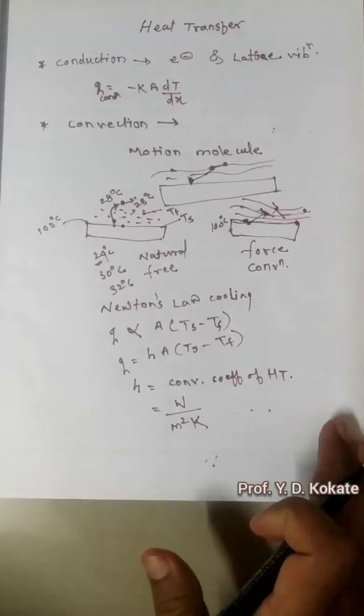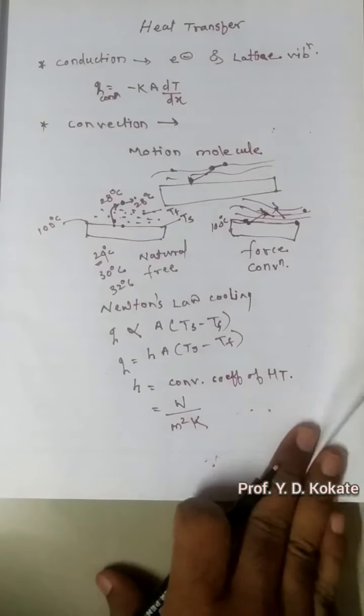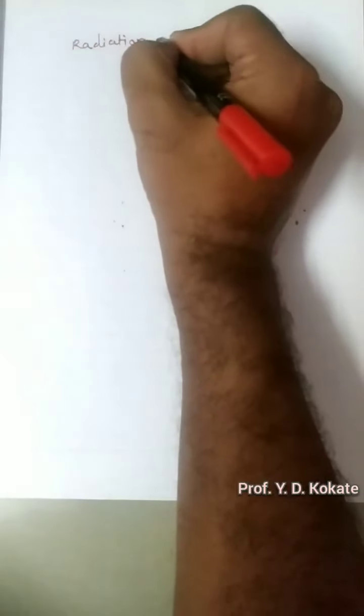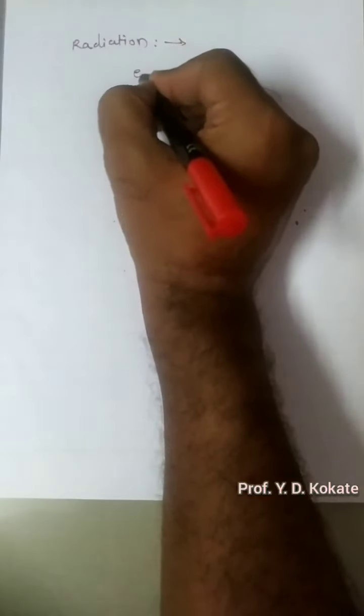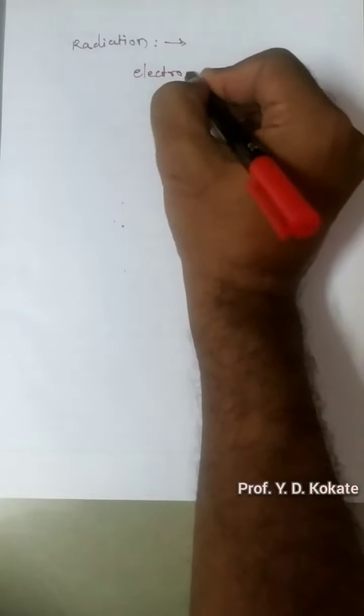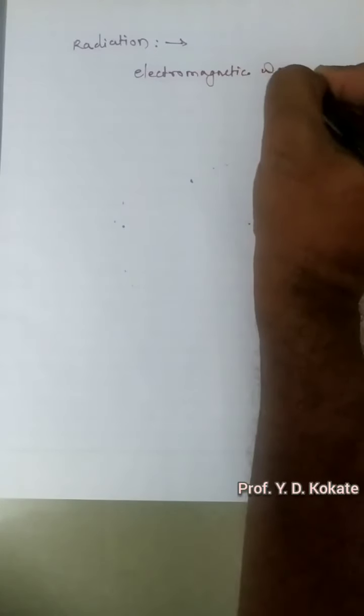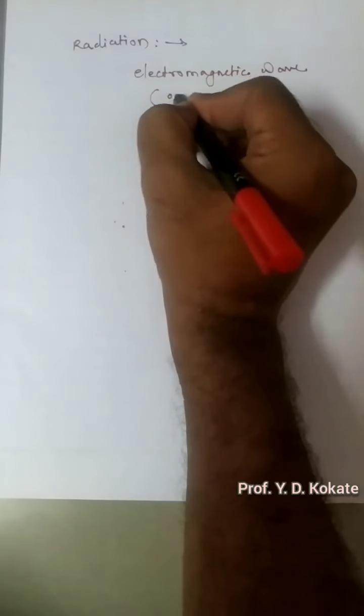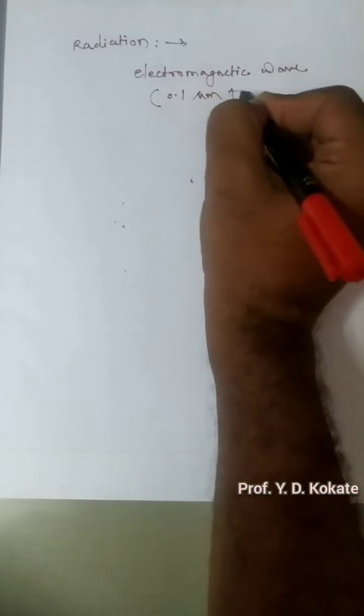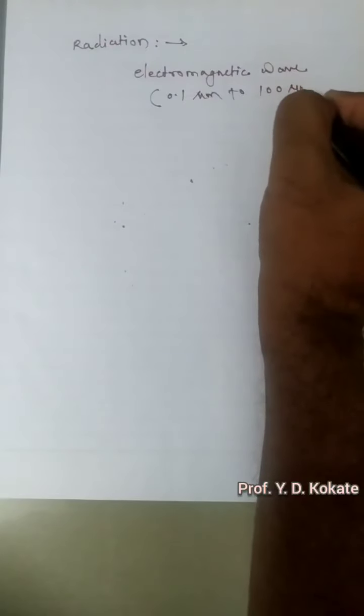Now we are going to take the next mode of heat transfer, that is radiation. In case of radiation, we already noted that heat is transferred by the virtue of electromagnetic waves. These electromagnetic waves are in the range of 0.1 micrometer to 100 micrometer.